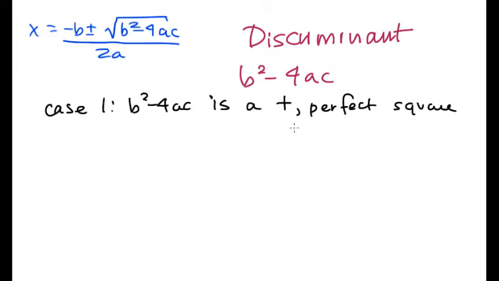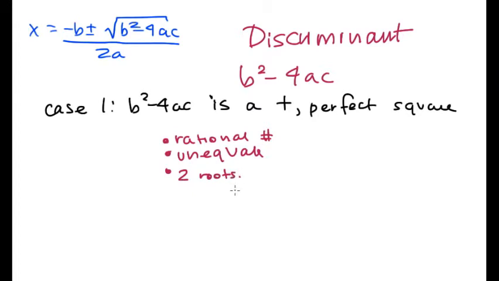So they're not going to have any radicals in them, which is good. They're going to be rational numbers, and they're going to be unequal, which means you're not going to have a double root. And if they're unequal, we're already assuming that there are two roots.